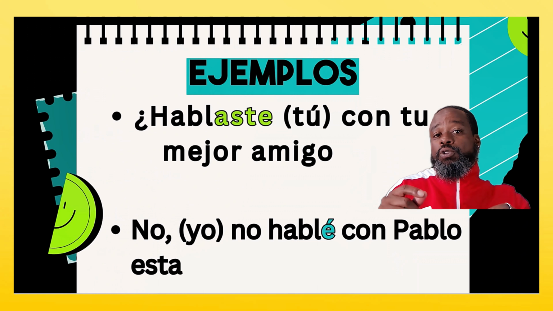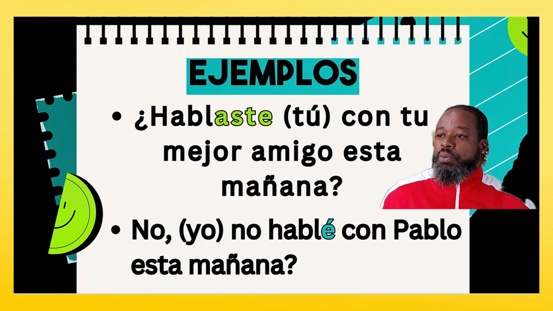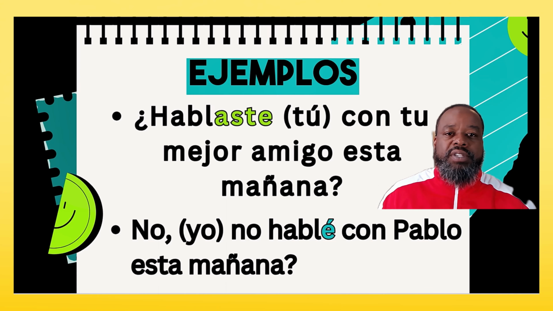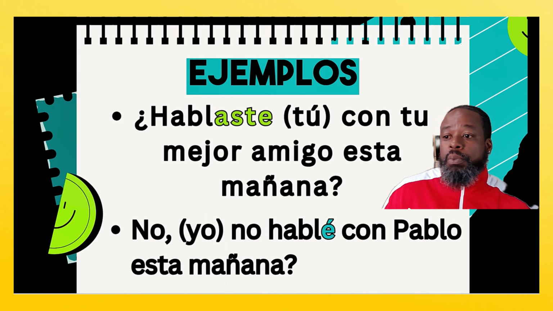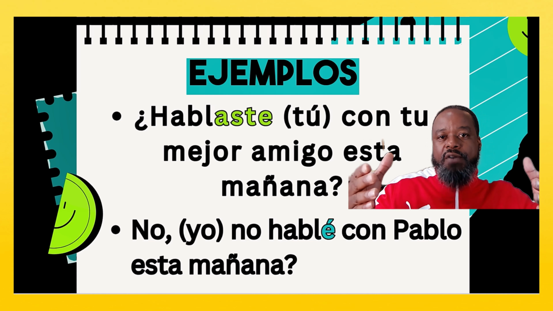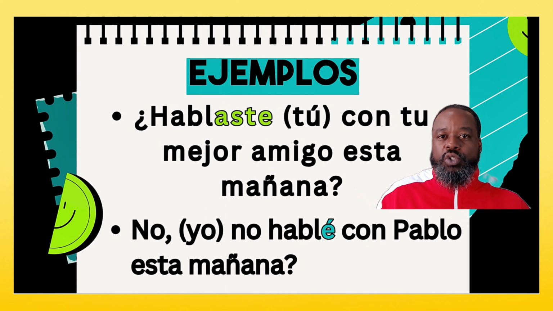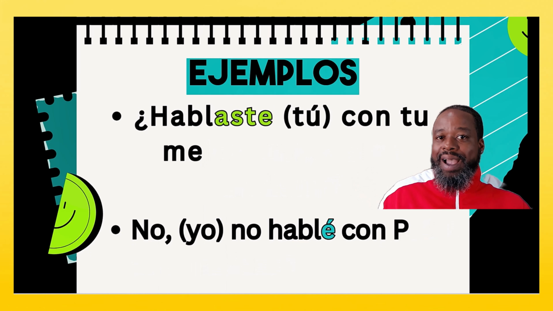Ok, mira otro ejemplo de una conversación. Aquí tenemos la pregunta, ¿hablaste con tu mejor amigo esta mañana? Y una respuesta, no hablé con Pablo esta mañana. Notice how we understand that this conversation that's going on, the action is being directed towards me en la pregunta. Hablaste.